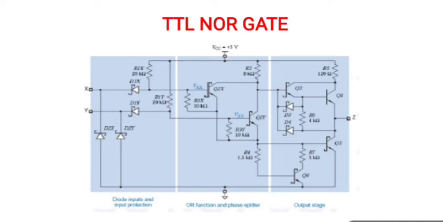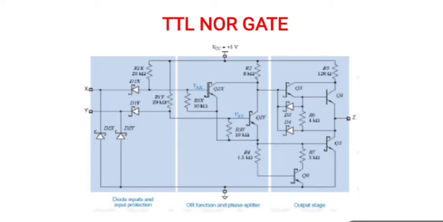Whenever the inputs are 0 0, diode X and diode Y will be forward biased, and at the same time diodes 2X and 2Y, the Schottky diodes below, will also be forward biased. The total VCC goes directly to the ground.